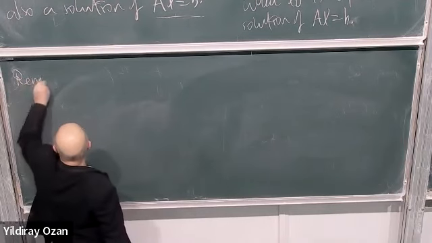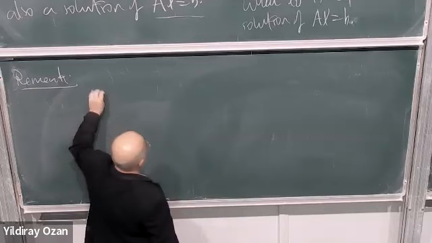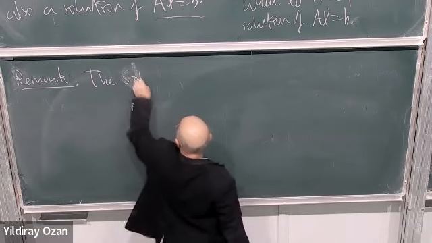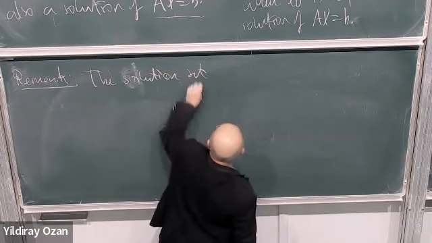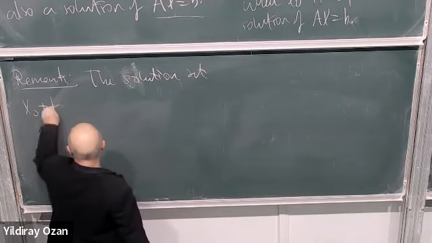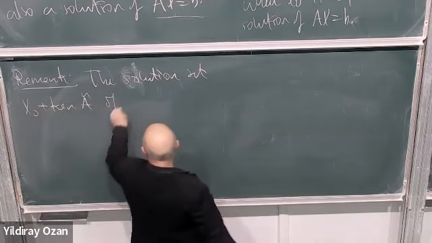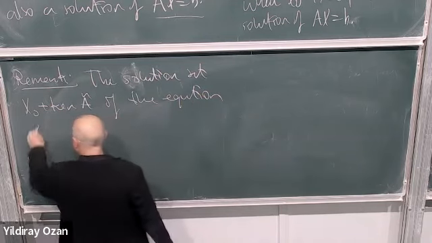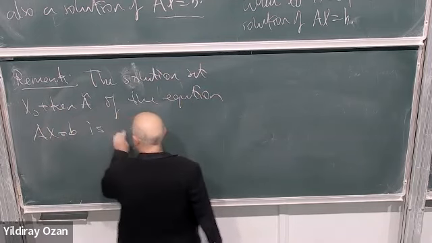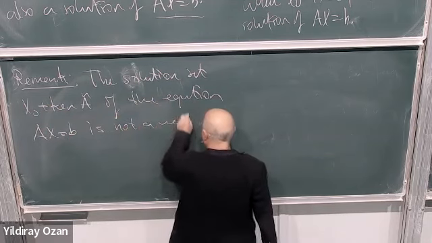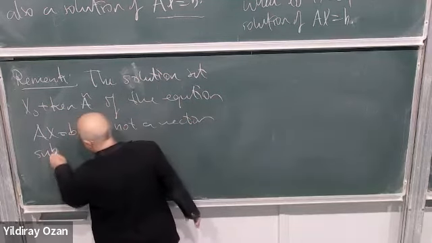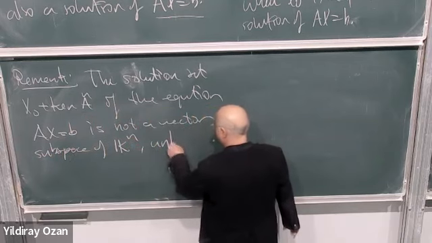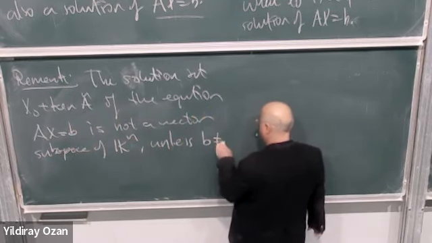So here a remark. The solution set x0 plus kernel of A of the equation Ax equal b is not a vector subspace of Kn unless b is 0.